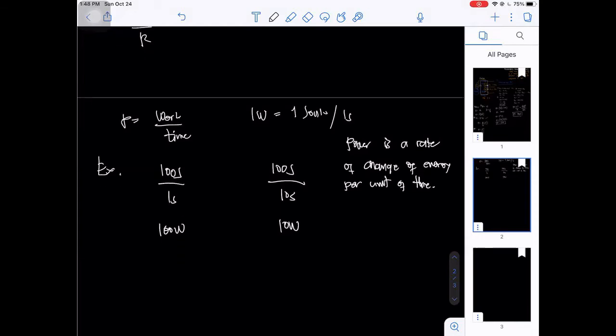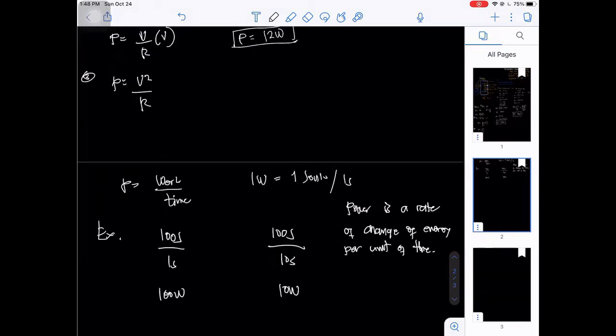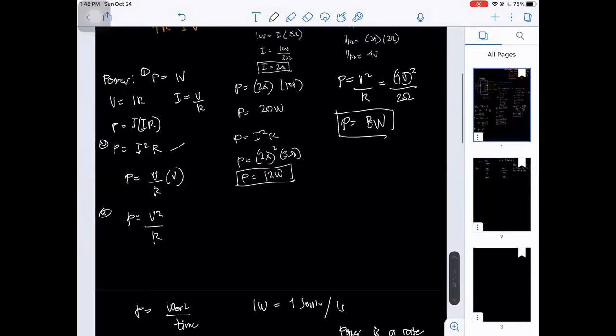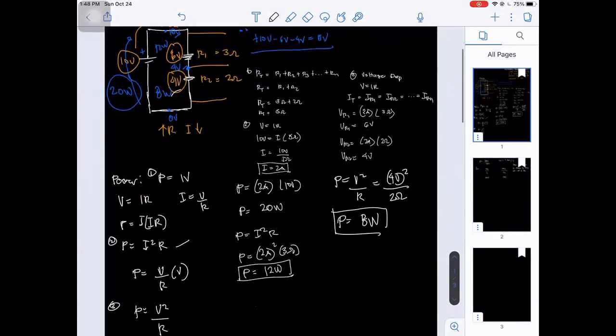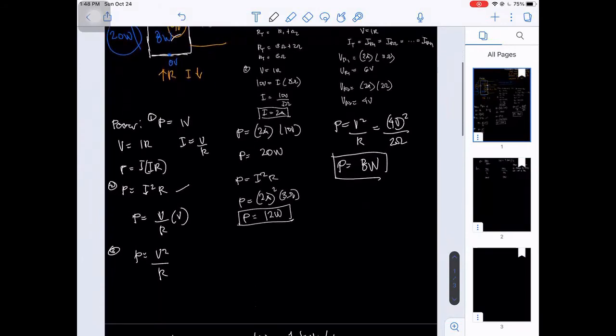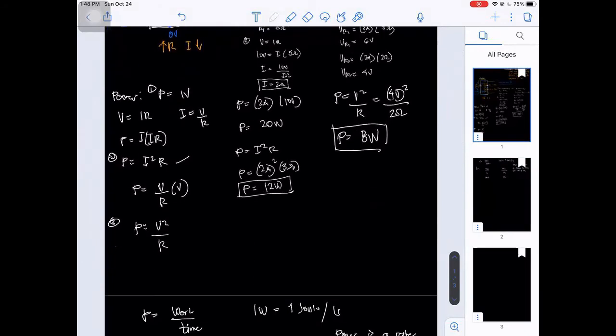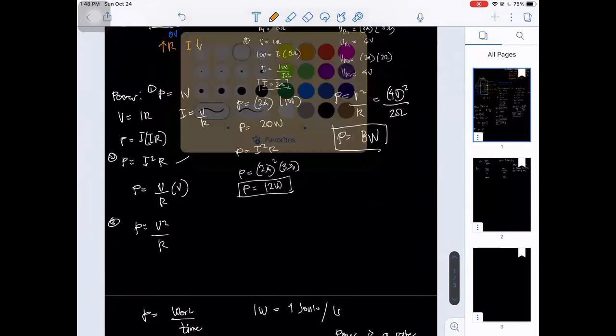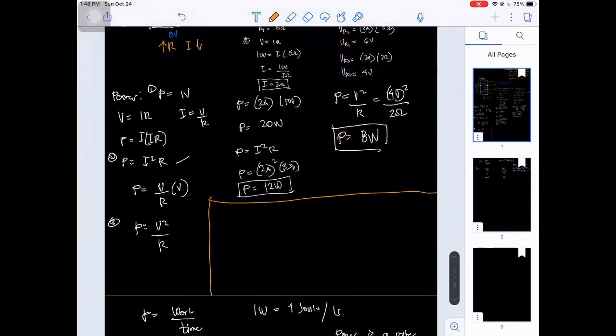So that is power. Let's go back to our previous example. The battery of the circuit delivers 20 watts of power. Let's say, for example, we allow the circuit to run for a certain time, equivalent to 10 minutes.